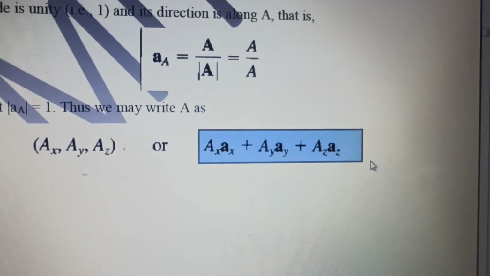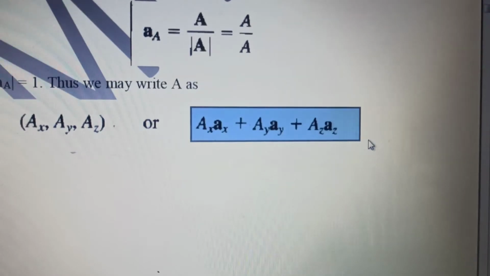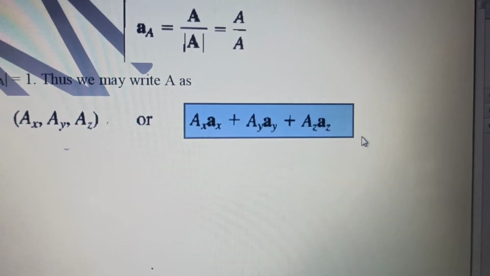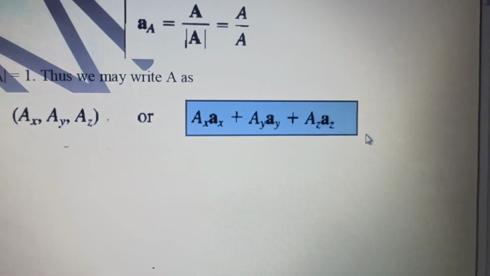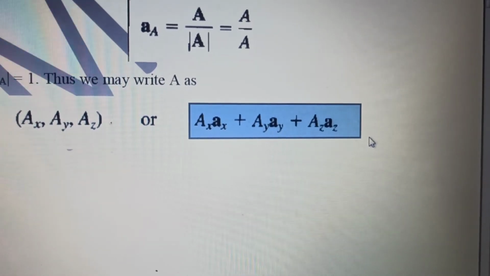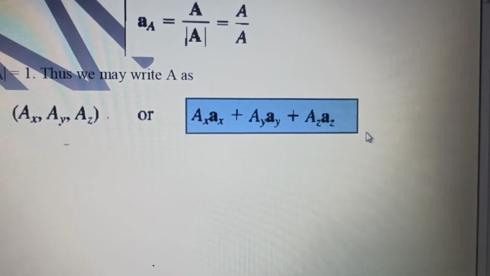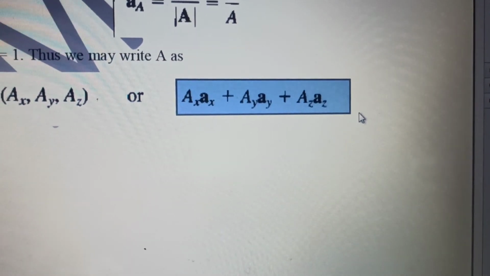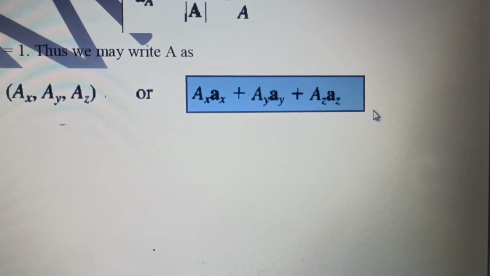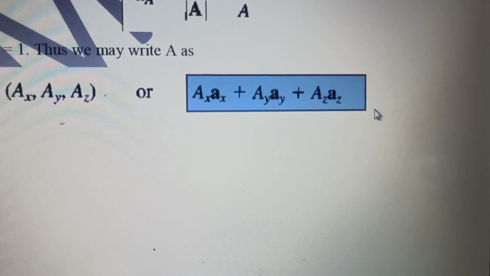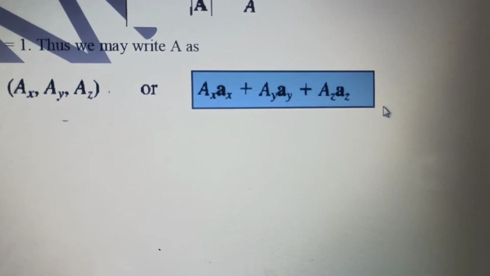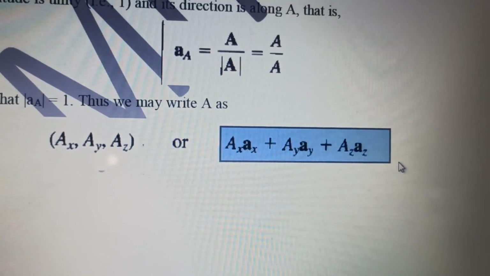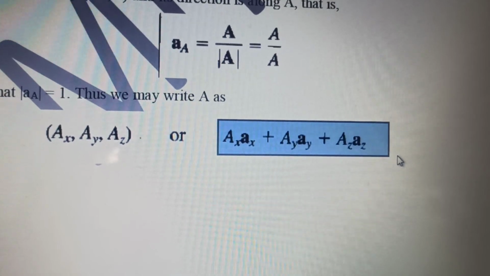As the unit vector discussion is going on, this is an apt time to discuss various other components. For example, in the cylindrical coordinate system we have rho, phi and z, so rho cap, phi cap and z cap will be the unit vectors which decide the calculations.